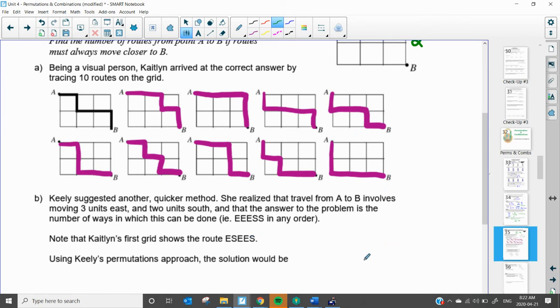So if I were to do this using Keeley's method, that would mean that I have 5 factorial divided by my repeats, because essentially those 3 easts are treated like repeats. So 3 factorial, 2 factorial. And if I do that, I'm still going to get 10.